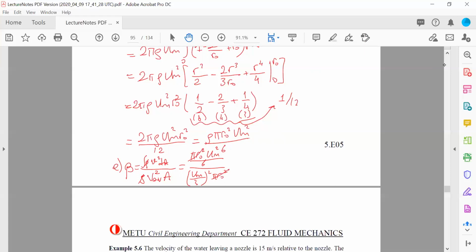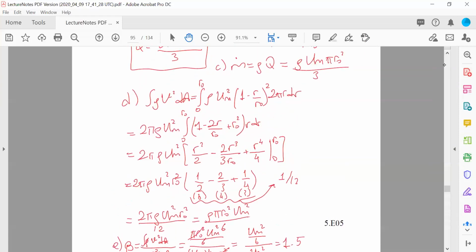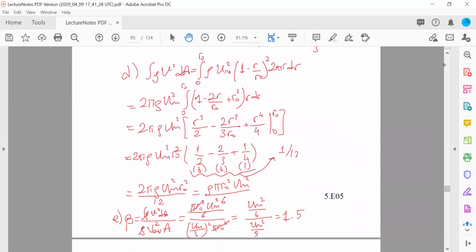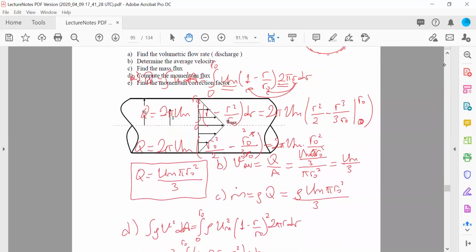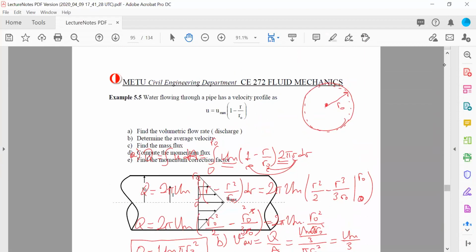Those two cancel each other. u max squared over 6 divided by u max squared over 9 gives us 1.5 as the coefficient. Okay, I hope those were clear, and let's stop the video here and see you in the next video.